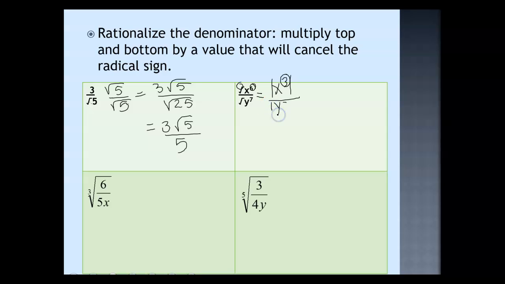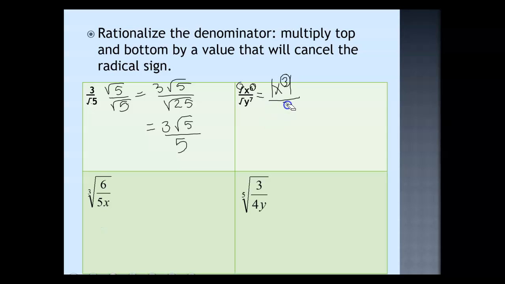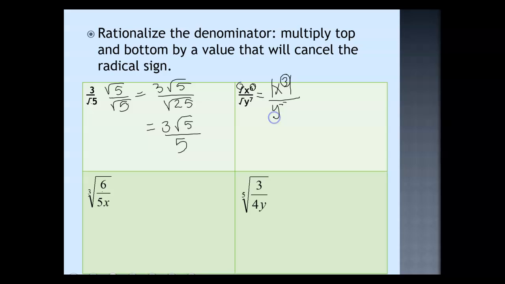So you get absolute value, no absolute value, sorry. You get y cubed with a y left behind. Now you have to multiply by the square root of y. Exactly, square root of y on top and bottom. So that becomes x cubed root y over y to the 4th, because you had 3 here and 1 there.